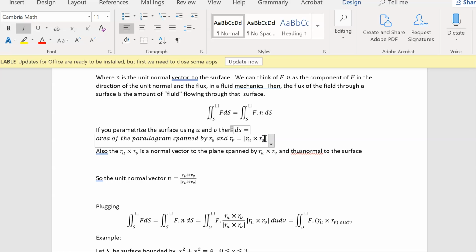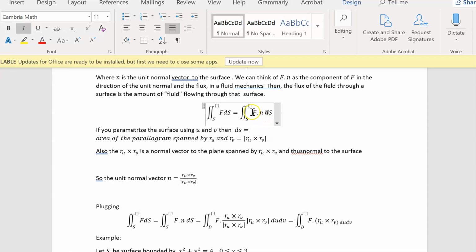When a parallelogram is spanned by two vectors, its area is given by the magnitude of their cross product. So dS becomes the magnitude of r_u cross r_v, times du dv.